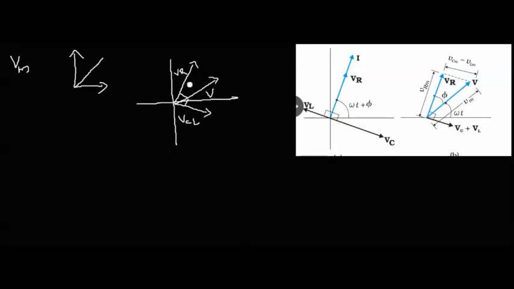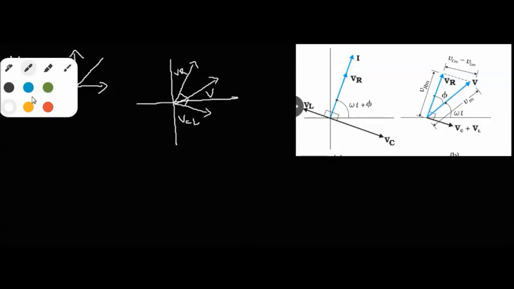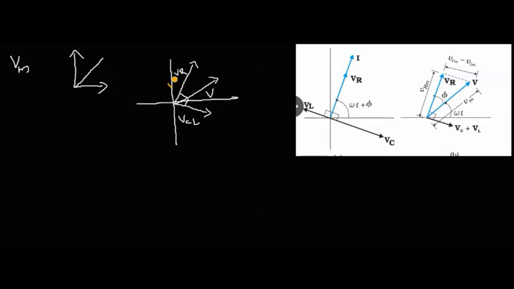Okay, so as marked in the diagram, the magnitude of this VR is VRM, and the magnitude of this VCL is VCM minus VLM, and the magnitude of the resultant or the total voltage will be VM. We have to find out what is VM, then only we can write an expression for IM.